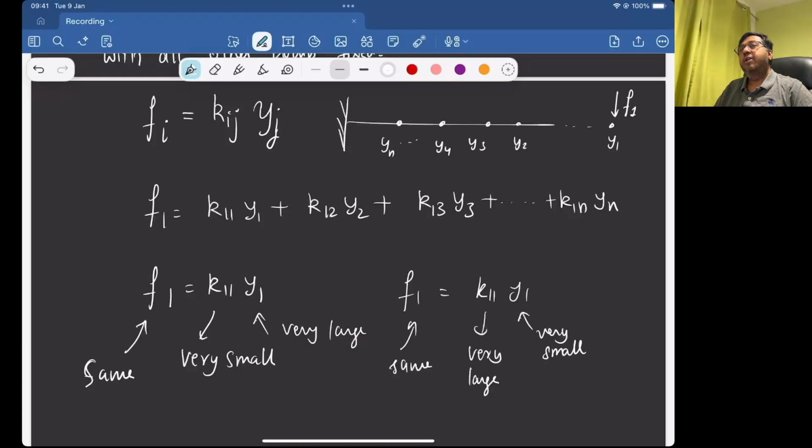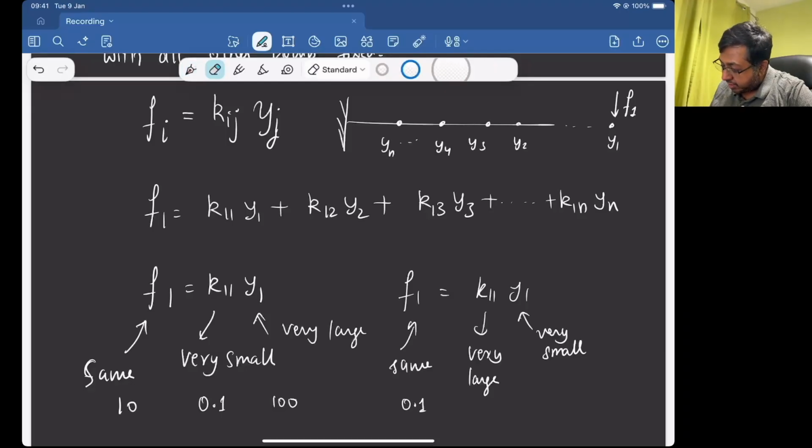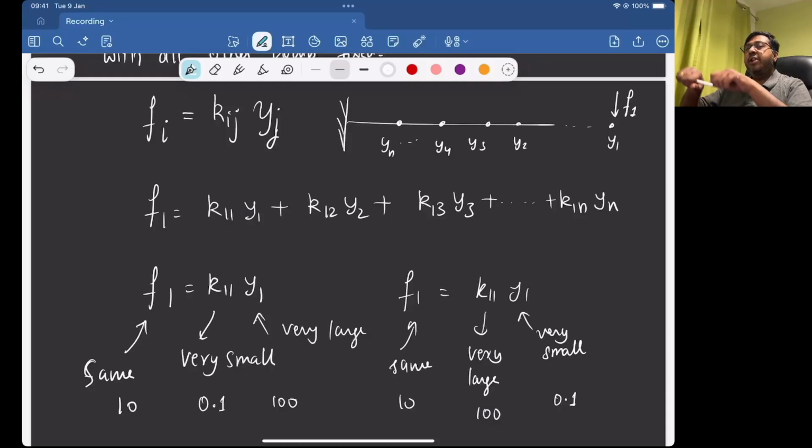So intuitively it makes sense. On the left hand side we have the same number. For example, if this was 10, and K was very small, 0.1, then Y1 would be 100. So I have the same force 10, and this is 100, and this is going to be 0.1, right? So in some way it is measuring how stiff the structure is, and it gives you a metric of how much force I need to apply to get the same displacement.